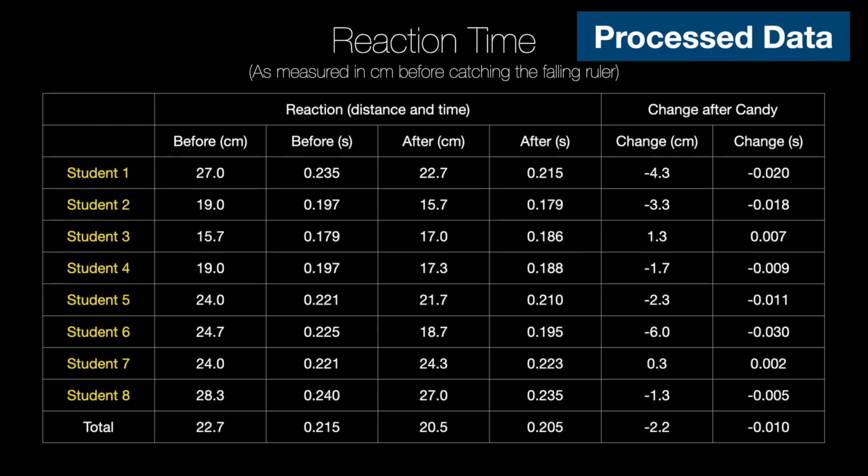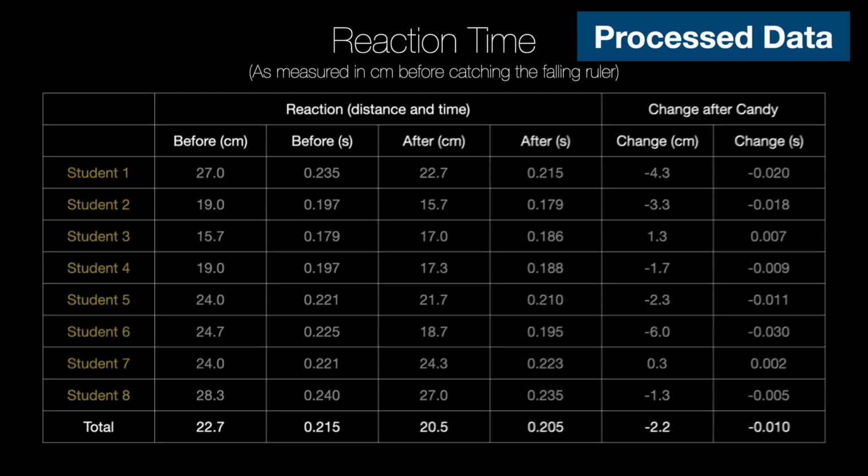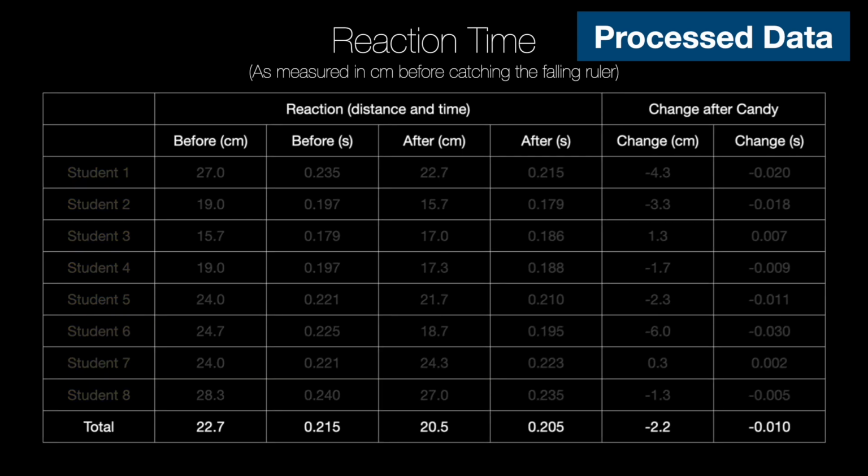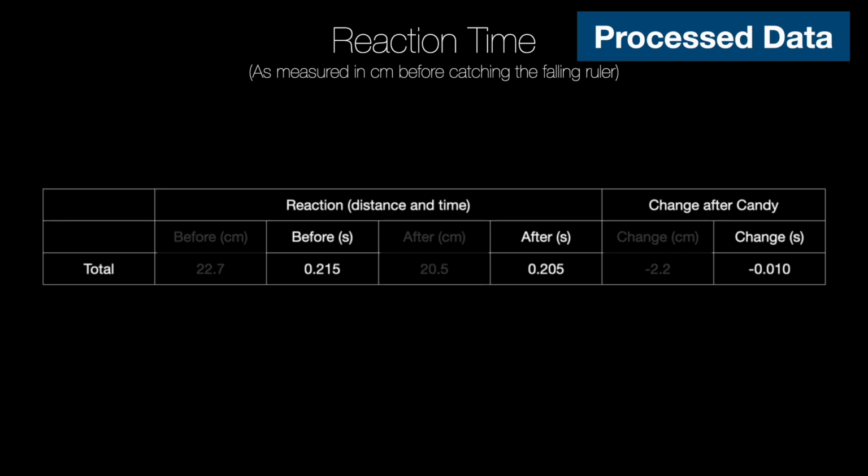And lastly, another layer of processing your data is asking yourself, is it important that I compare student 1 to 2 to 3 to 4? Is it important that I compare their before and after? Or do I just focus on the change? Or maybe I don't have to focus on individual students. Maybe I just have to focus on the class average. And if the class average is the only important thing to you, then you can hide all those data and just focus on this.